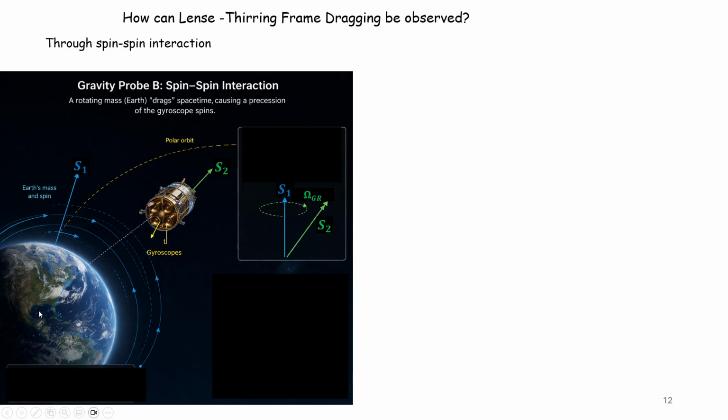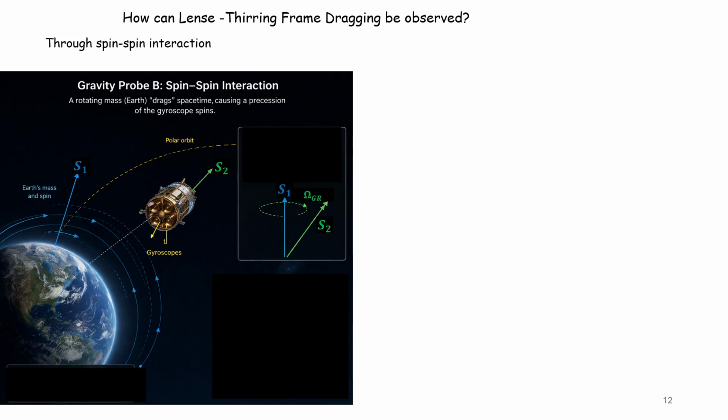The spin of Earth is fixed. These spinning objects on the satellites are free to rotate, so they are kept free. So there is no friction, minimized friction.